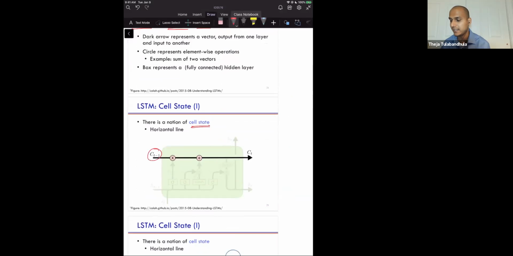You can see that it comes from the previous computation node, undergoes some element-wise operations, products and additions, and then is passed on to the next block. So some vector has some coordinates being changed and is passed on to the next block. That's why it's called a cell state. It's somehow maintaining state with some perturbations inside the state, and the same thing is getting passed out to the next block.